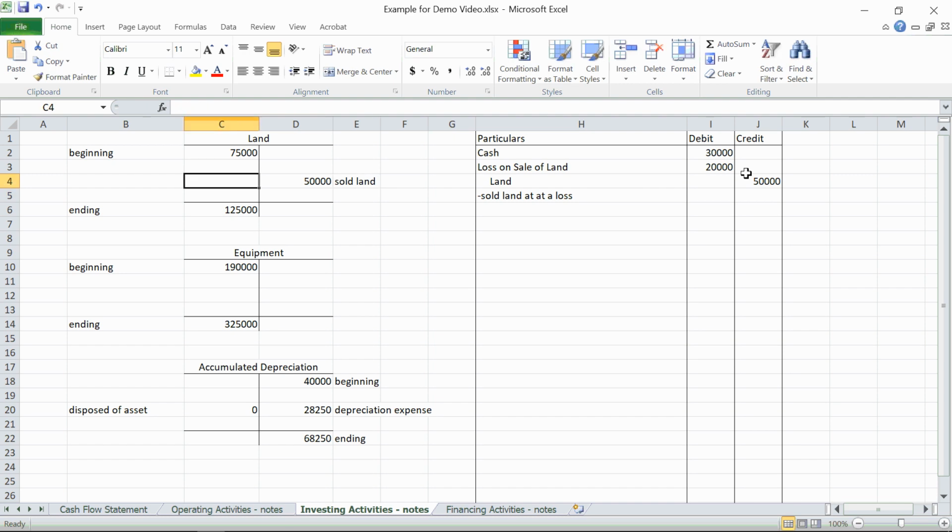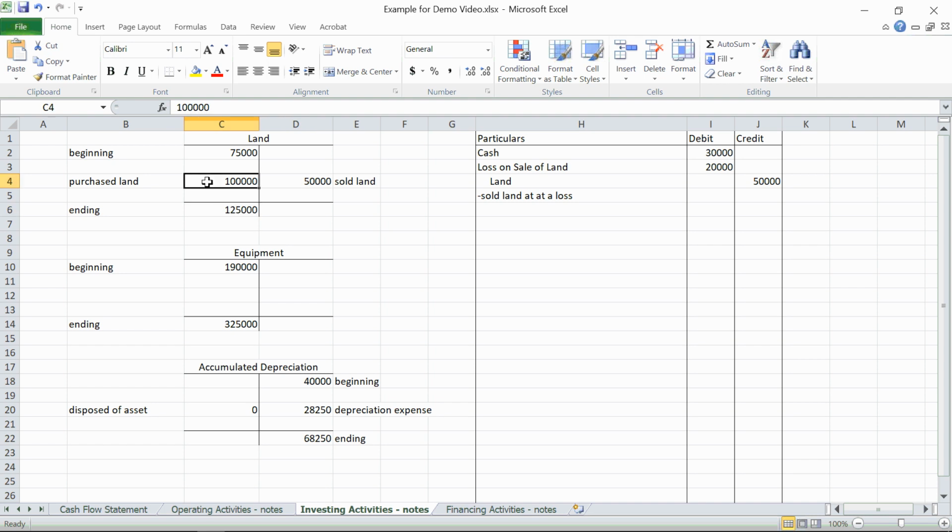And so obviously the account has also increased during the period. The only way that can happen is if we purchase land. And we are told in the question, purchase land with a cost of $100,000, and $100,000 is the number that makes this account balance, because 75,000 plus 100,000 minus 50,000 equals 125,000.